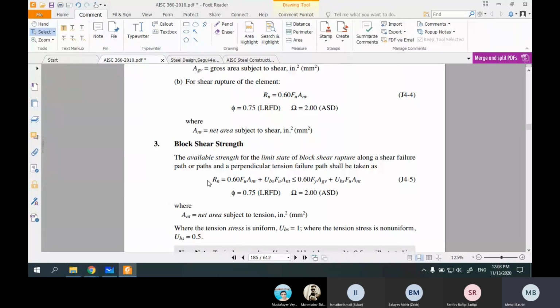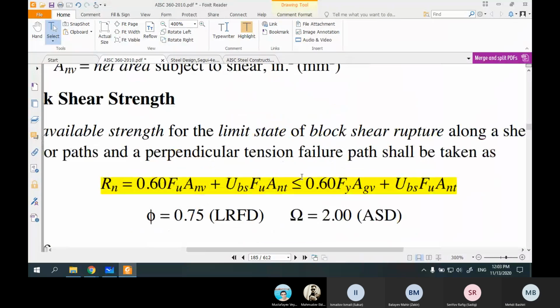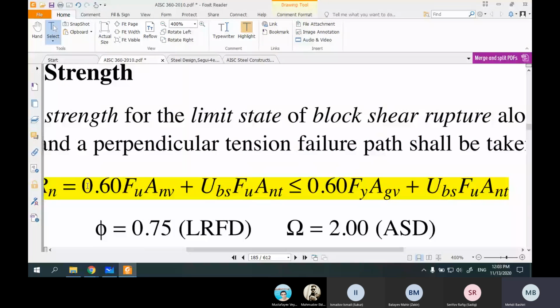So to check the block shear, you have to check this one. 0.6 FU Anv and FU Ant, FY Agv 0.6 and FU Ant.